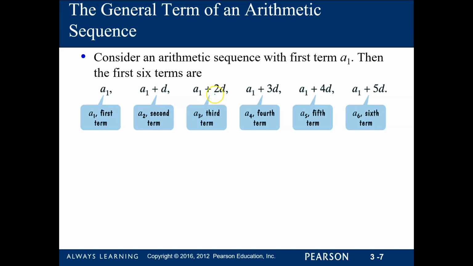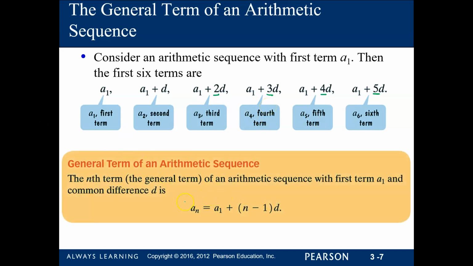So every time we move to the next term, our common difference gets added, okay? Because of this pattern in an arithmetic sequence, we have a generalized formula in such a way that any term in the sequence, we can find easily. And that is by using this formula.